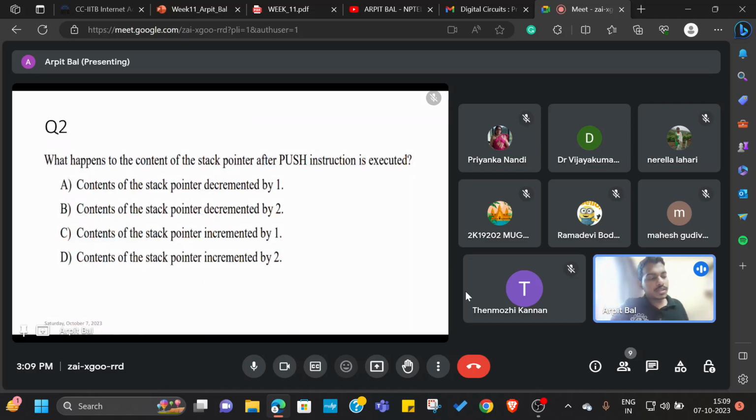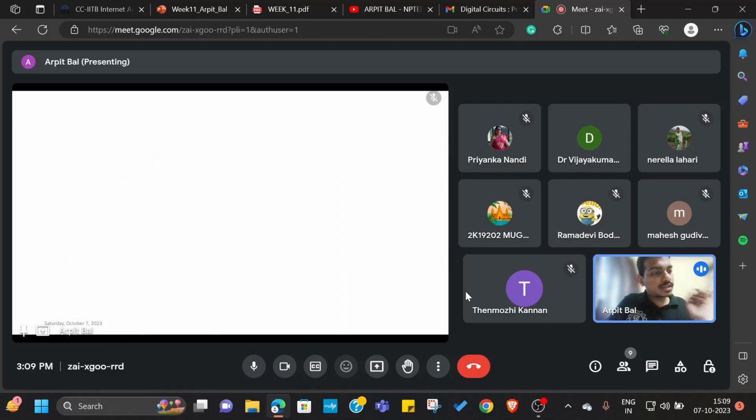The next question asks what happens to the content of the stack pointer after the PUSH instruction is executed. Before attempting this question, let me tell you a few points related to the PUSH instruction. In the microprocessor we have a certain amount of memory available. That memory is called the stack, and it is available for the programmer's use.